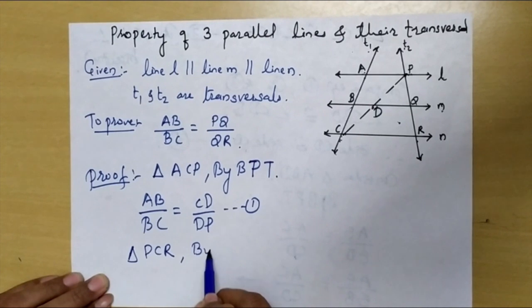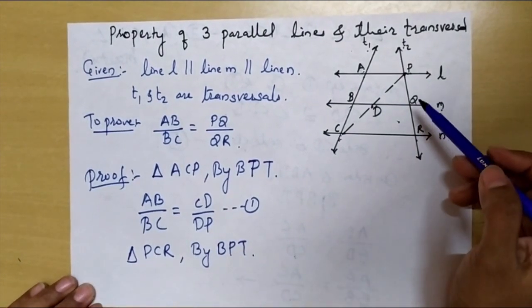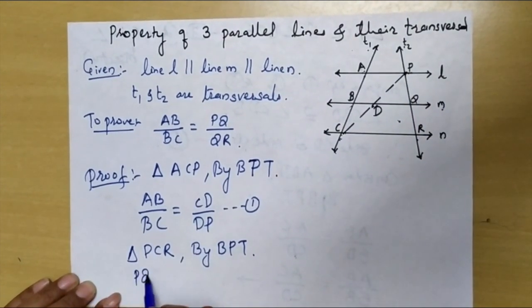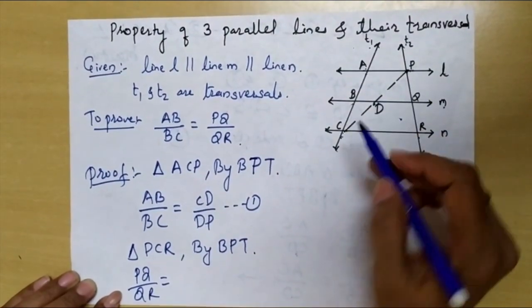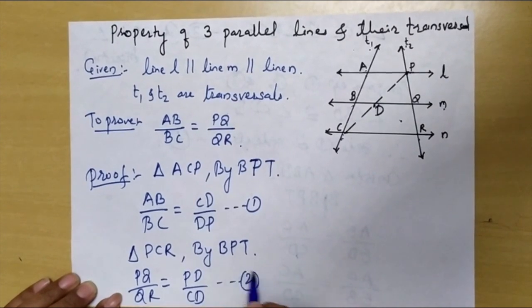Now let us consider the other triangle PCR. Again you apply BPT. We get the ratio of these two sides PQ upon QR is equal to PD upon CD. Equation second.